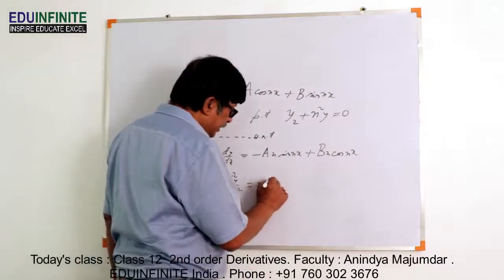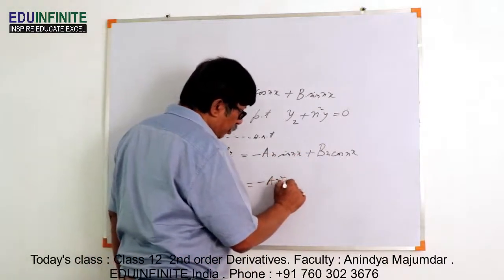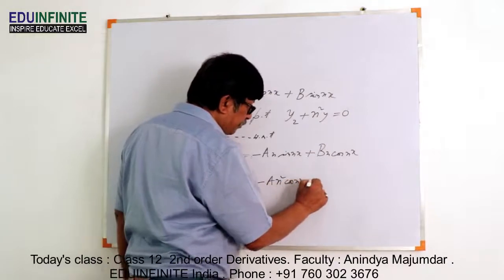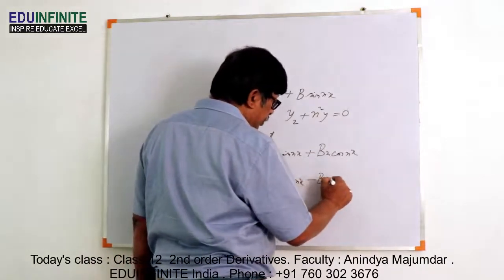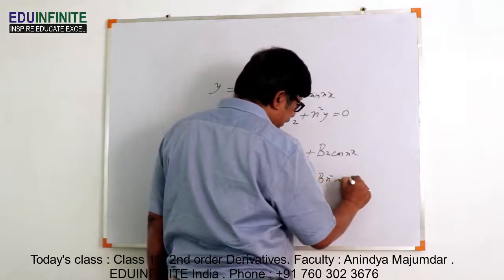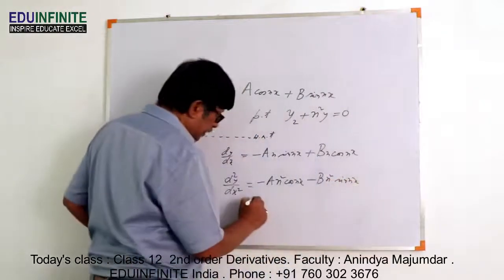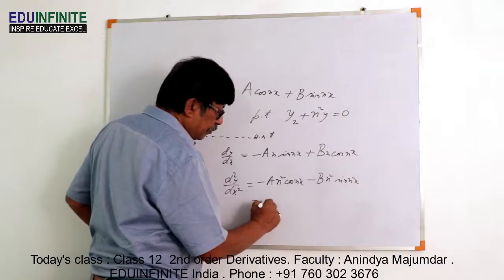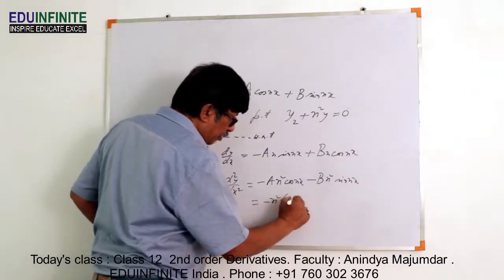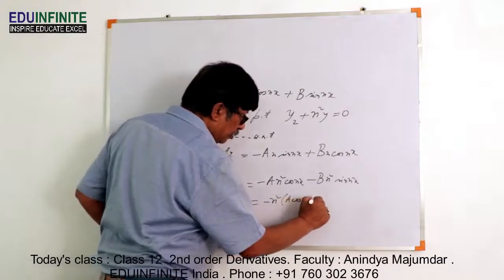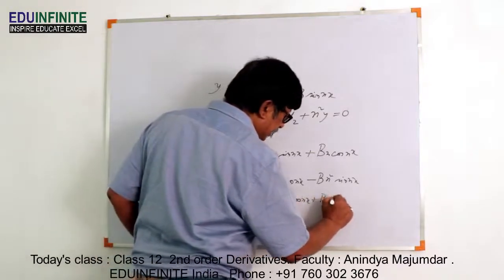So minus a n square cos nx minus b n square sin nx. We take minus n square common, we get a cos nx plus b sin nx.